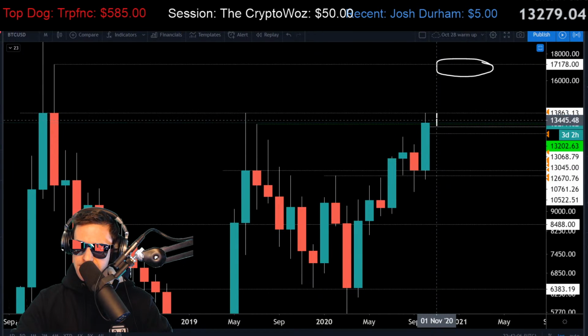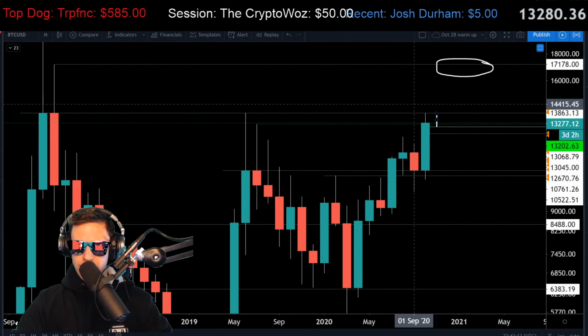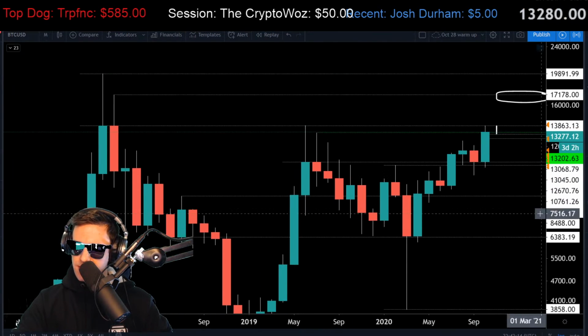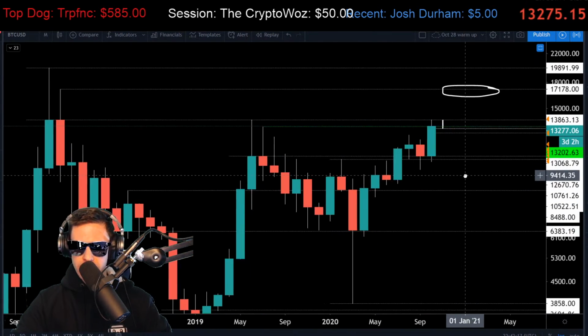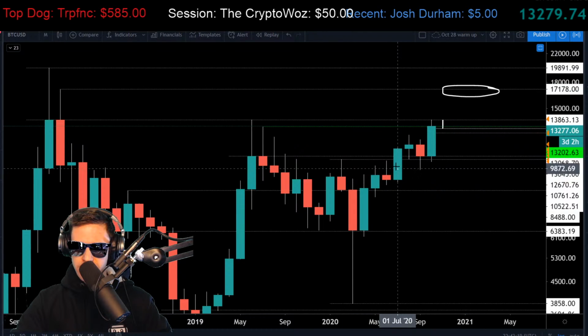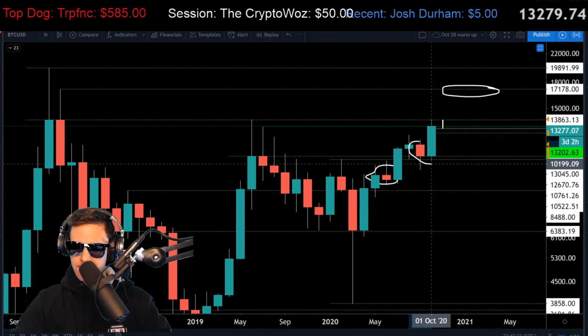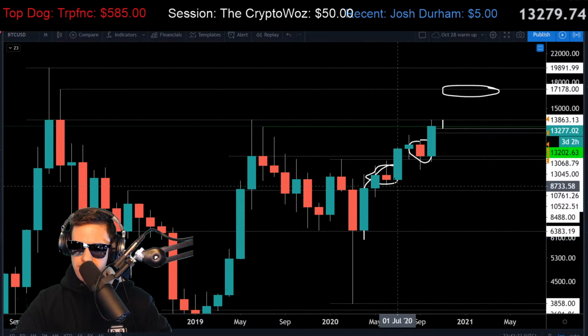And I'd like to see a doji, a boring candle. I know nobody wants it to be boring, but I want it to be boring. This will allow RSI, oscillators, indicators to cool off a little bit. As we can see, we usually get a cooling off period in between these moves. That'd be okay.